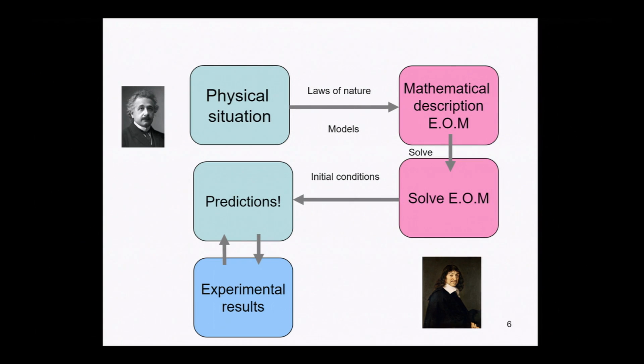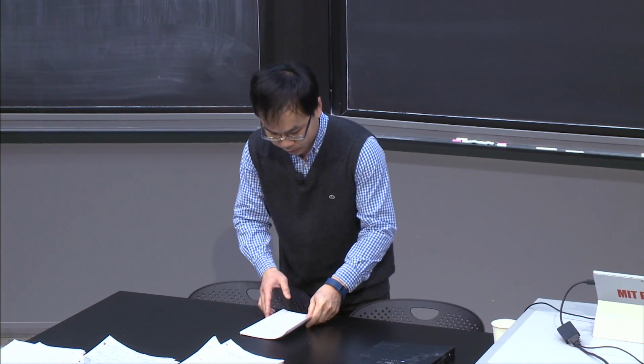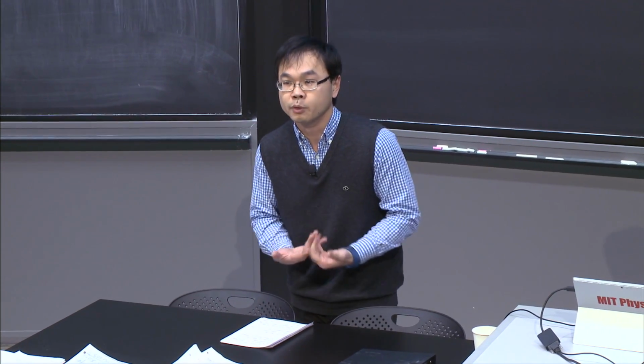So the first step is always to translate a physical situation which we are interested in into mathematics, right? Because mathematics is the only language which we know which describes nature. If you come up with a new language, that is going to be a super duper breakthrough, which cannot be estimated by a Nobel Prize.